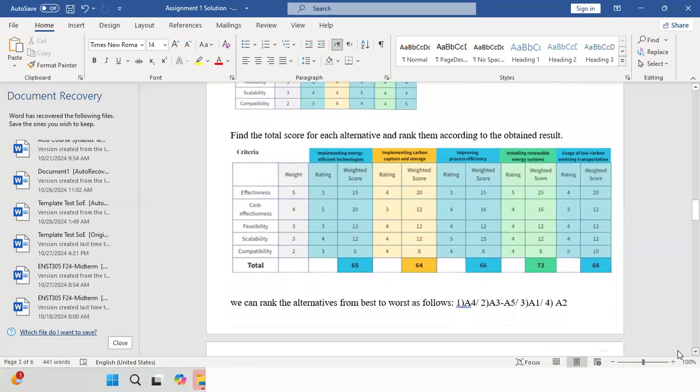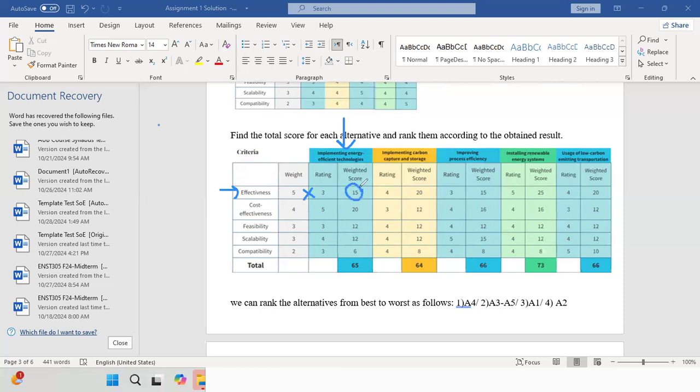Okay. So now, all you have to do is find the total score for each alternative, and then order them. The highest score will be the best one, and the lowest score will be the worst one. So the technique is the following. For each alternative and each criterion, I multiply the weight of the criterion times the rating obtained for the alternative, and I find the score.